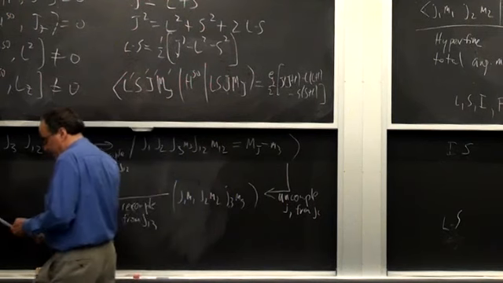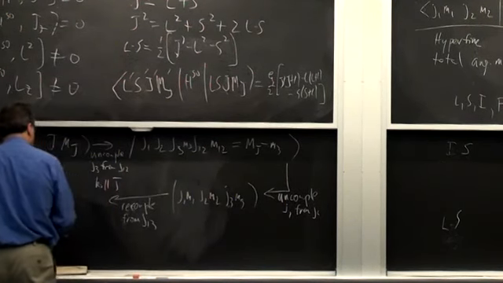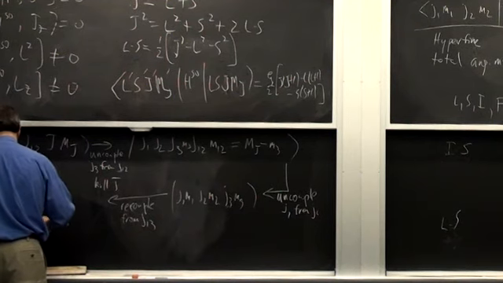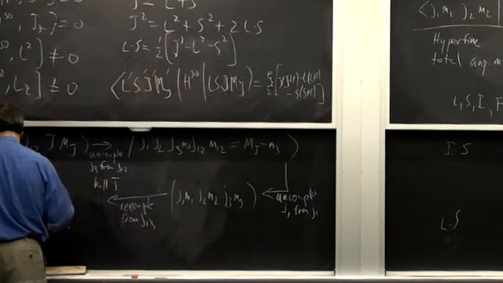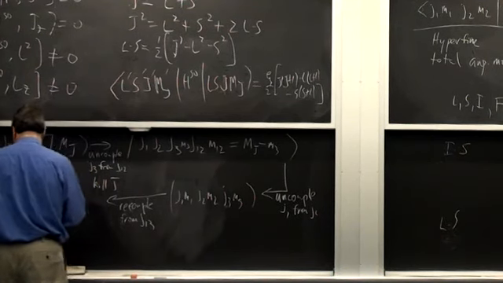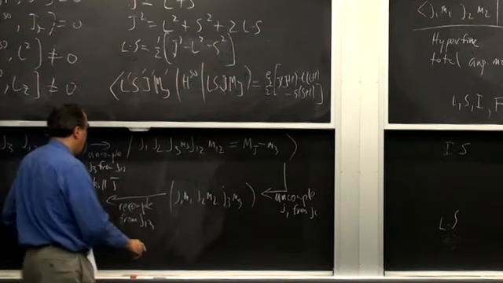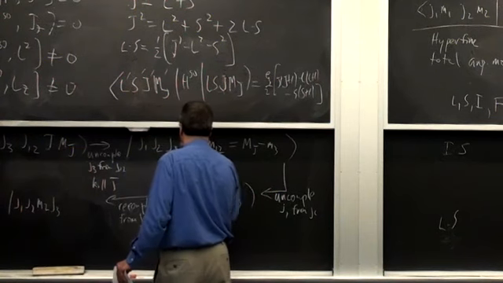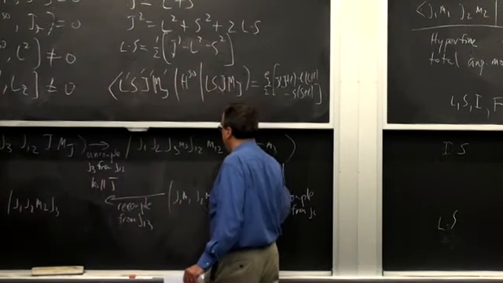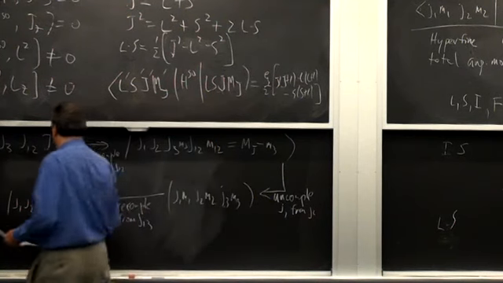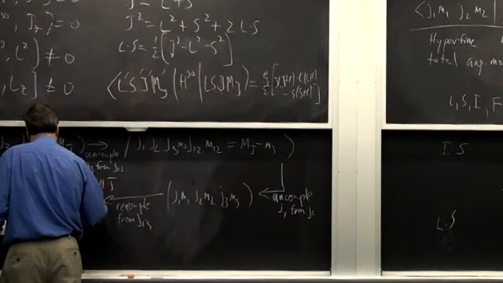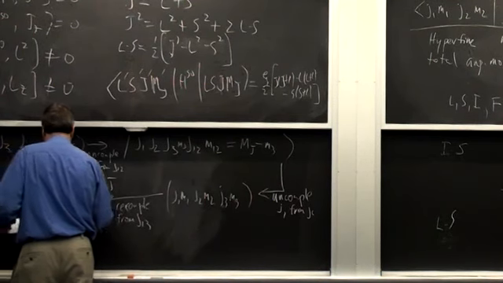And so we get J1, J2, M2, J3. So when we couple to make J13, we lose M1 and we lose M3, and we get J13, M13.